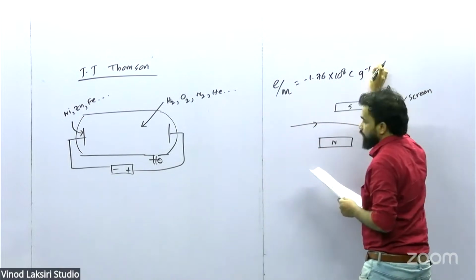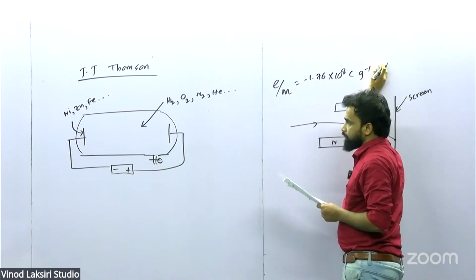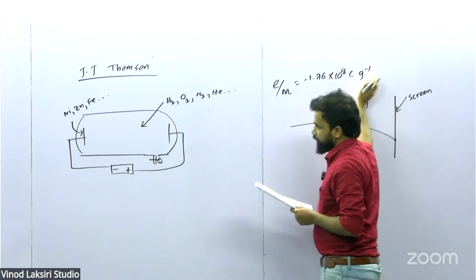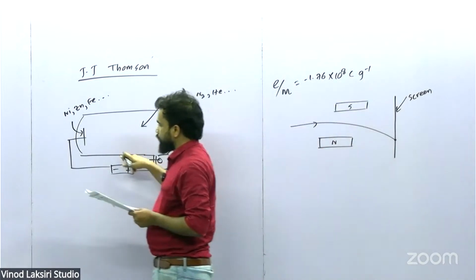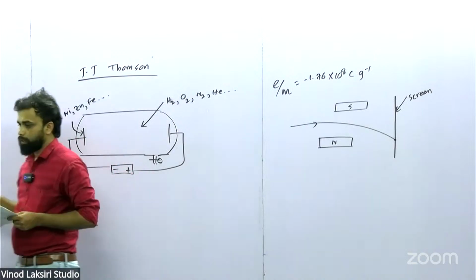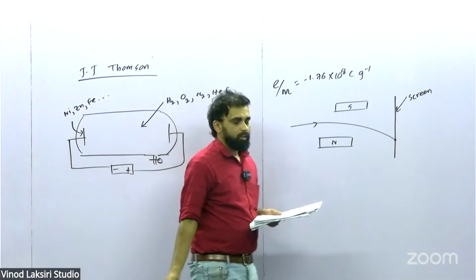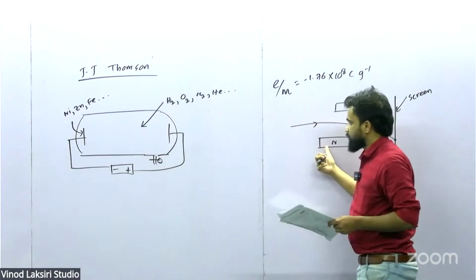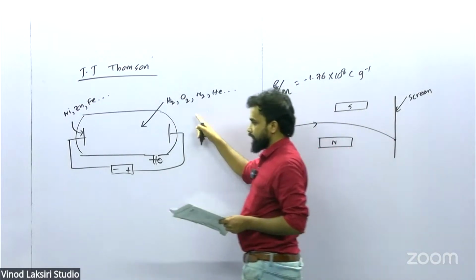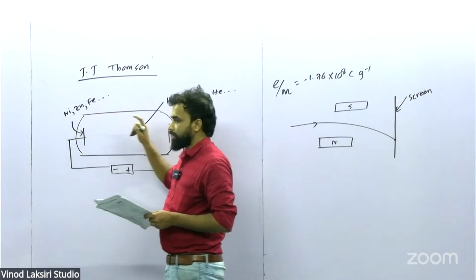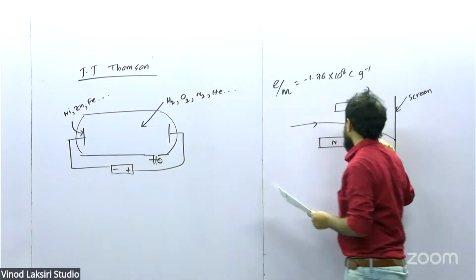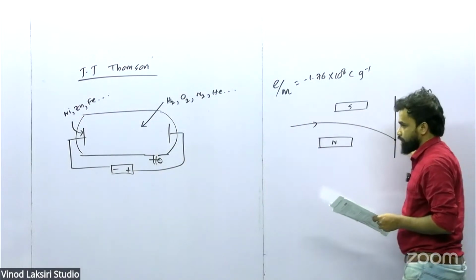In each case, the E divided by M value is the same. Then he determined this cathode ray particle should be common to each material. That is why the cathode radiation does not change with changing the type of gas and cathode ray material. In each case, the same type of particle is produced as cathode ray.